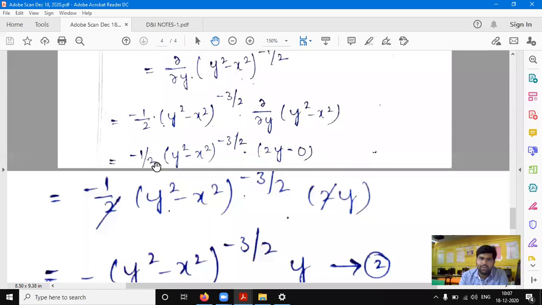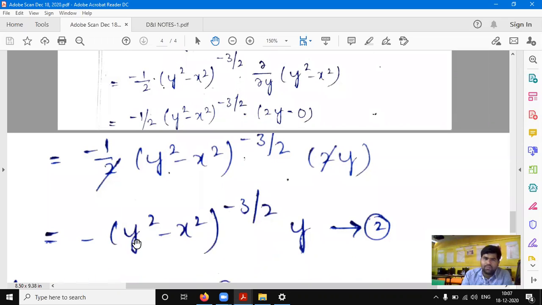So minus 1 by 2 into (y square minus x square) to the power of minus 3 by 2 into the differentiation of this with respect to y. That is 2y minus 0, which is nothing but 2y only. Here the 2 gets cancelled. So minus (y square minus x square) to the power of minus 3 by 2 into y.